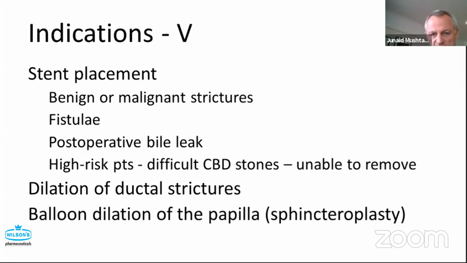So that's either benign or malignant strictures, fistulae, postoperative bile leaks, and for high-risk patients where there is a stone present, but it's either so large or so difficult you are unable to remove it, and you will help the patient to remain safe by stenting across it until you bring the patient back for definitive procedures, whether that's surgery or further ERCP or spyglass or interventional radiology. Another indication is dilatation of ductal strictures, and another still is balloon dilatation of the papilla.